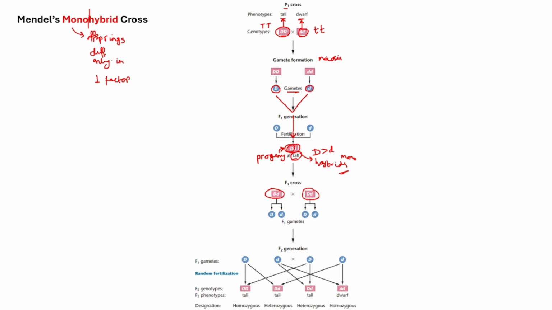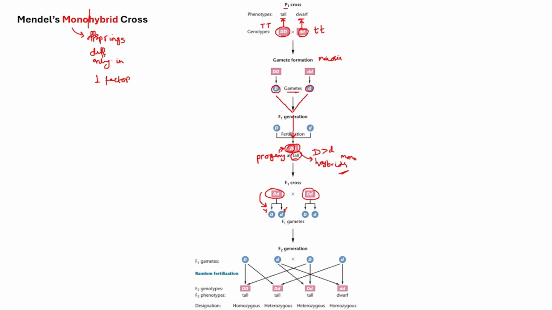So if you perform a cross between two monohybrids, two F1 progenies, what will happen? By meiosis, the monohybrids will produce either capital D or small d, not both. The picture shows capital D and small d getting formed from this parent, but don't misunderstand, they will not be formed simultaneously.